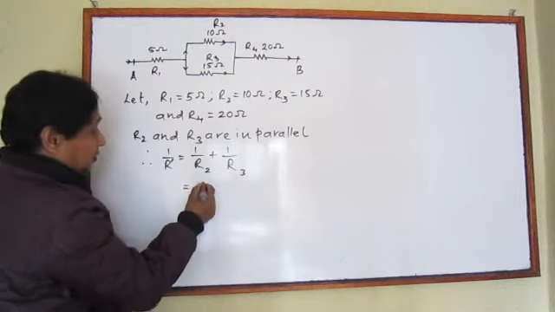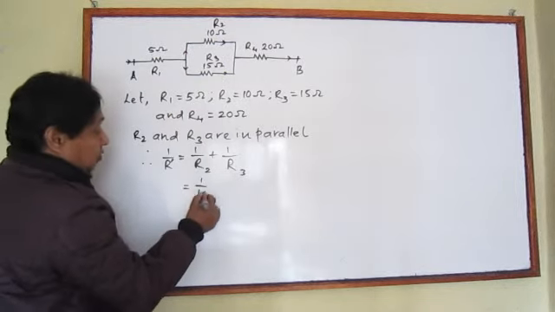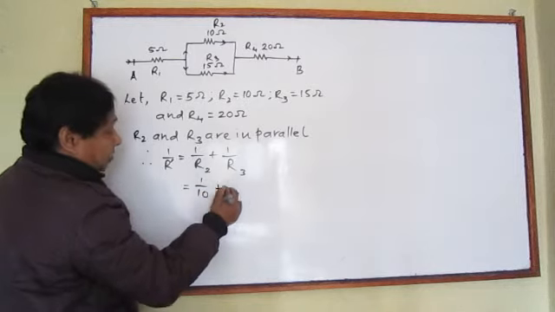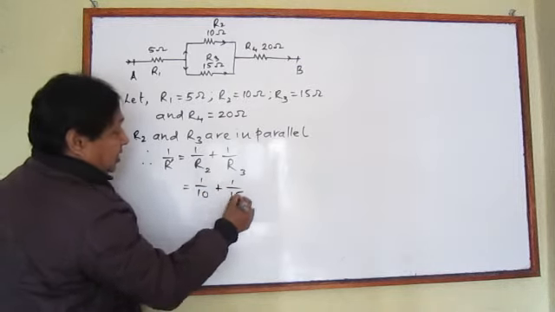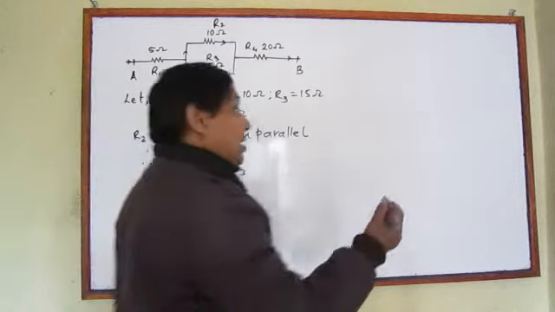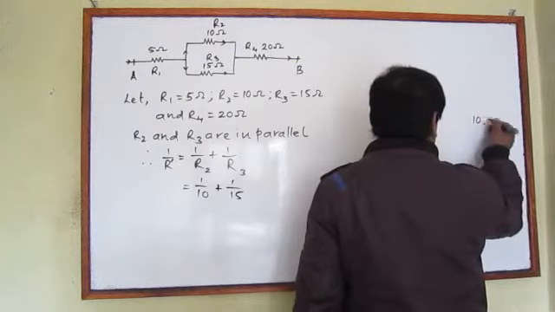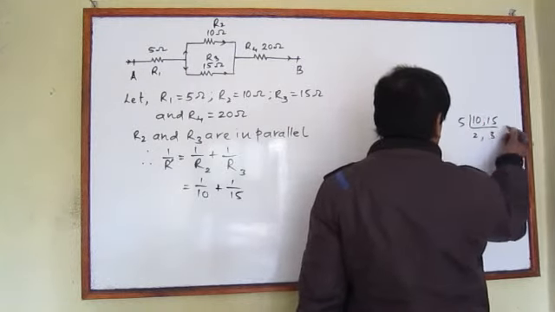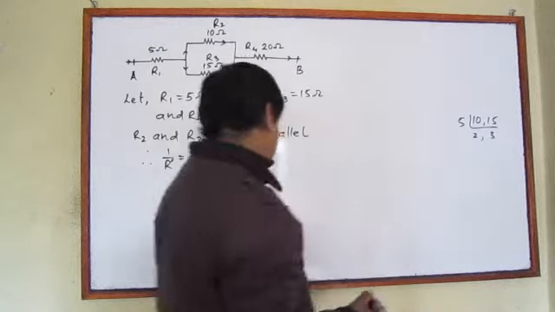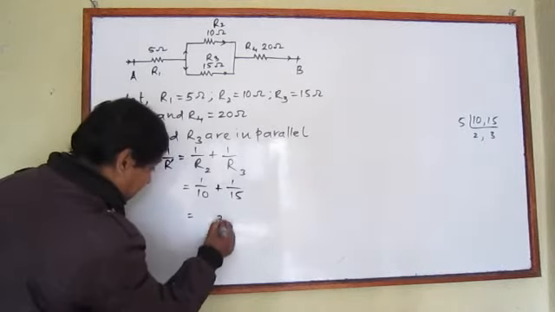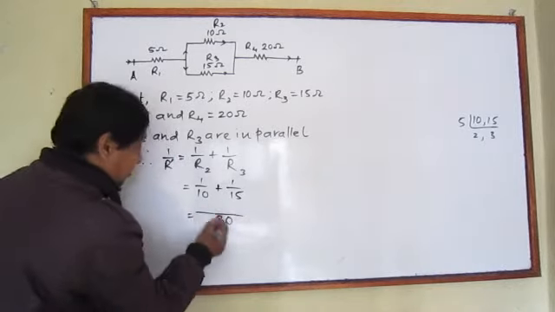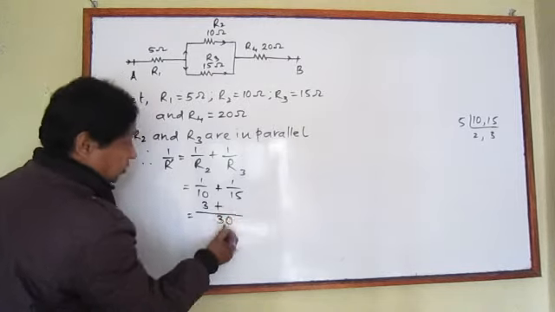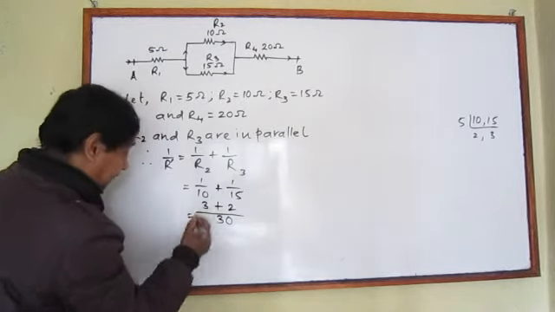This is equal to 1 by R2, which is 10 ohm, plus 1 by R3, which is 15 ohm. If we take the LCM of 10 and 15, we get 30. 10 threes are 30, plus 15 twos are 30.